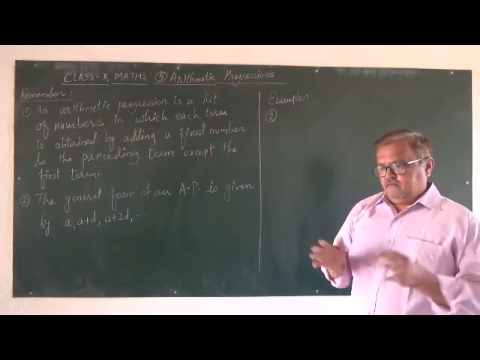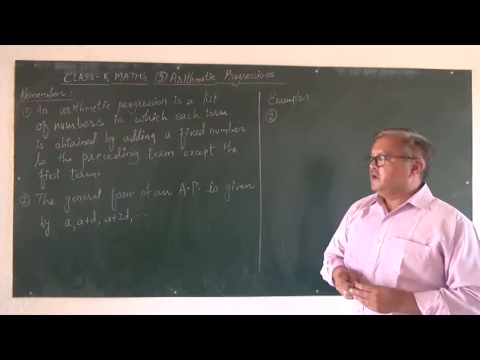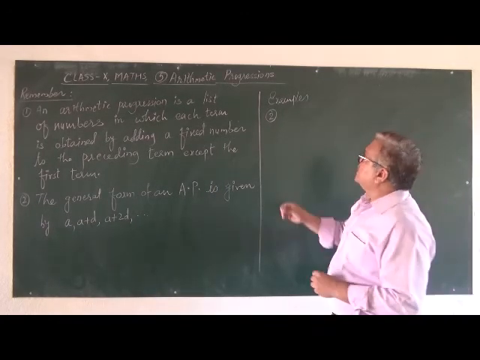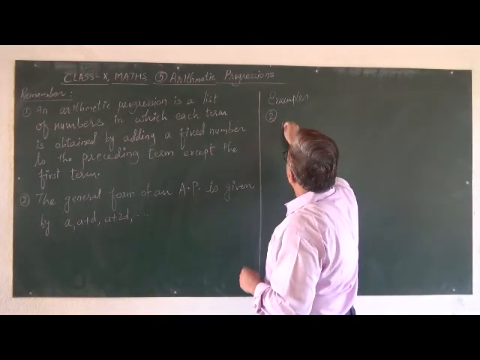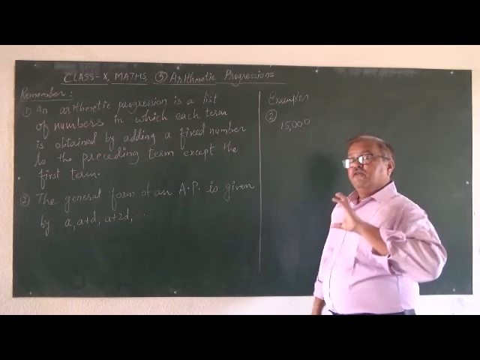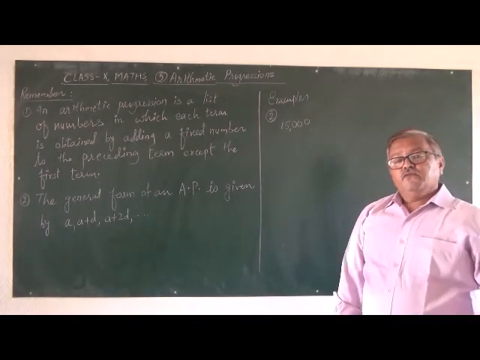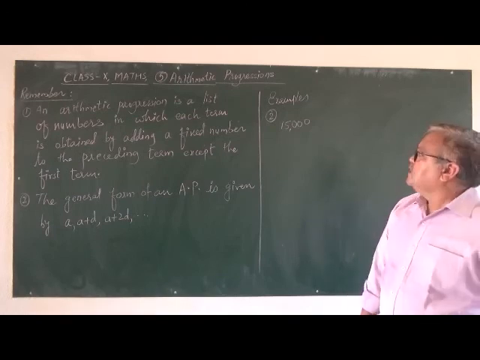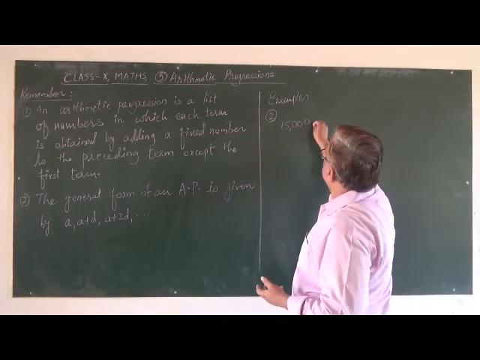He is selected for the post of clerk and he is told that you have to start with a salary of 15,000 per month. And every year we will give you an increment of 3,000, or say 2.5 thousand. Let us say so. 15,000.